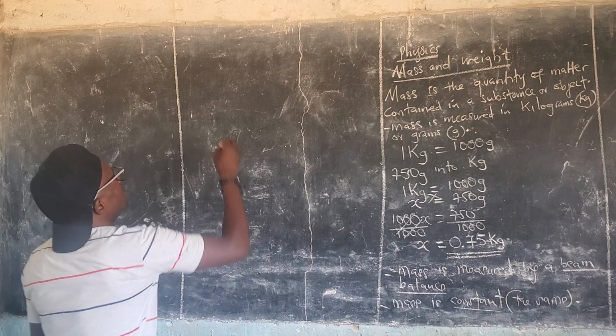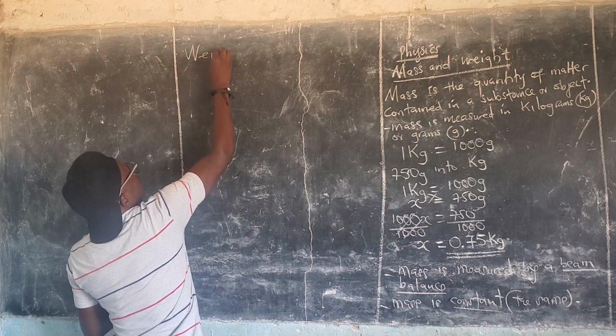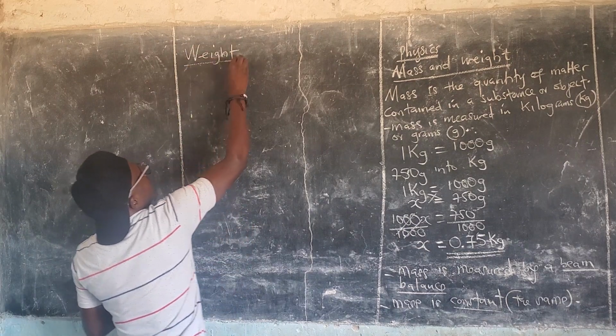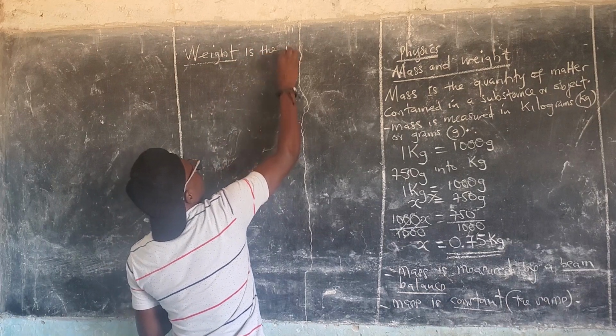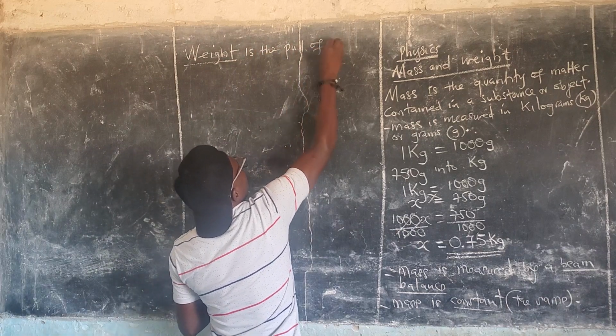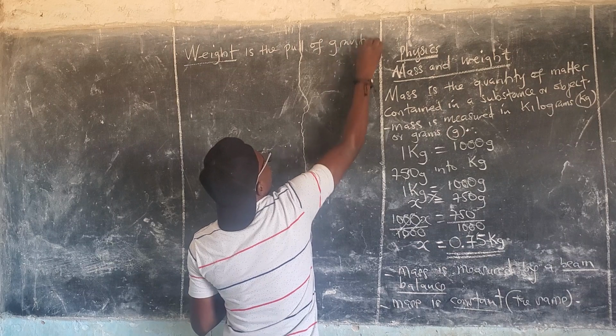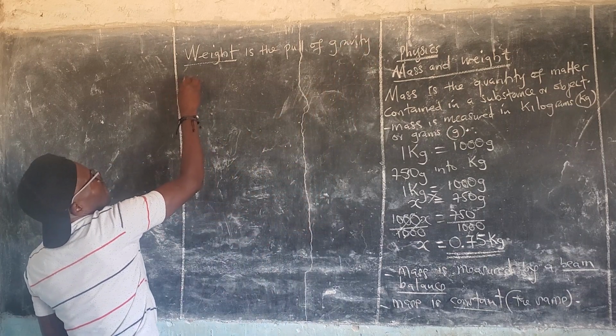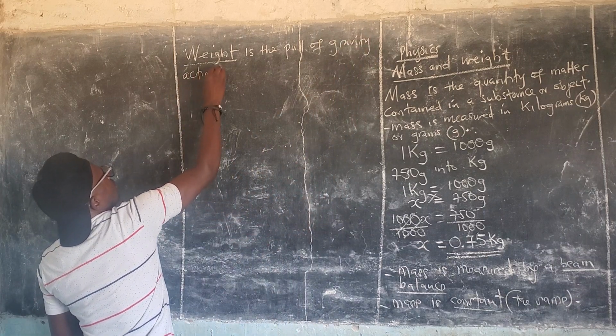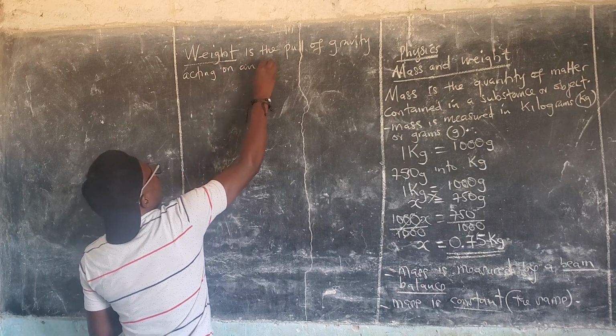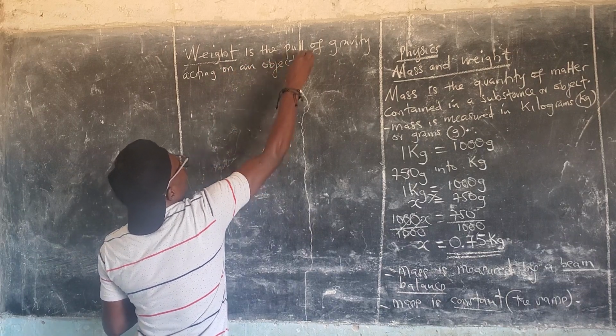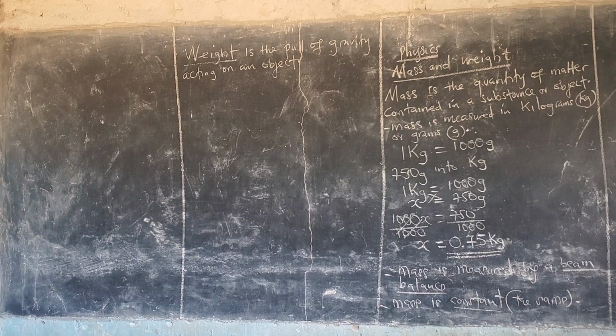Then coming to weight. Weight is the pull of gravity acting on an object. So it is the pull of gravity exerted on an object.